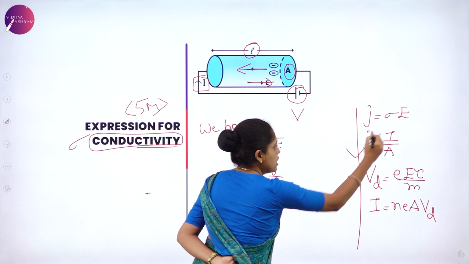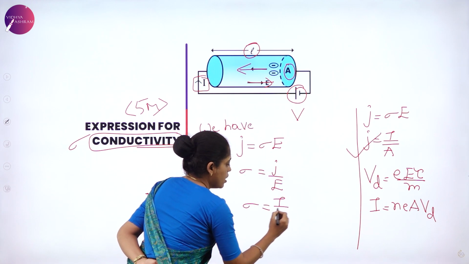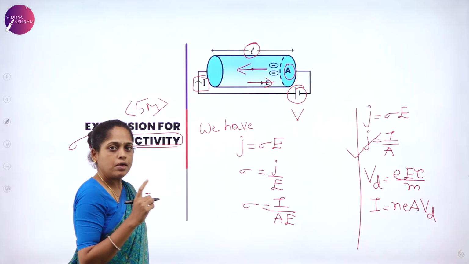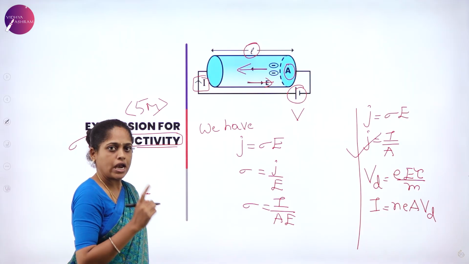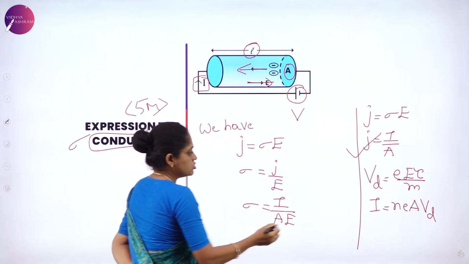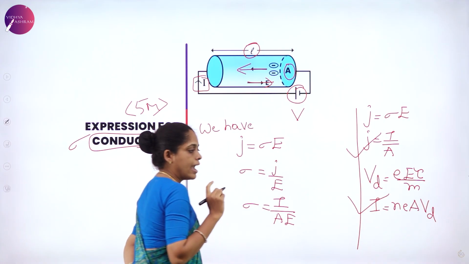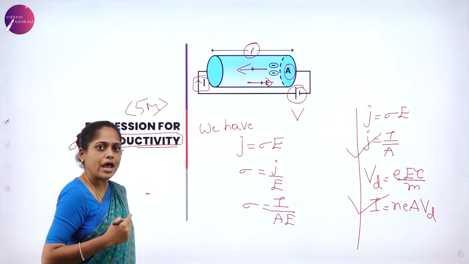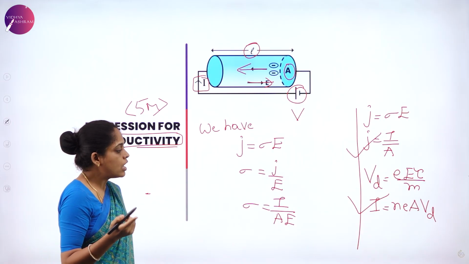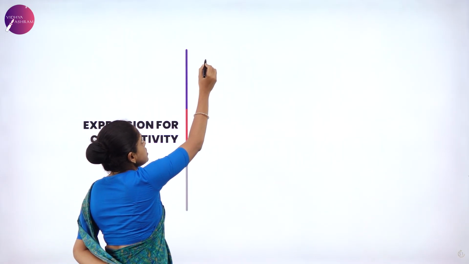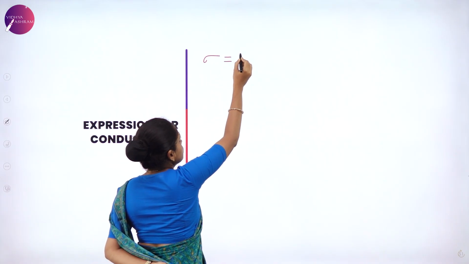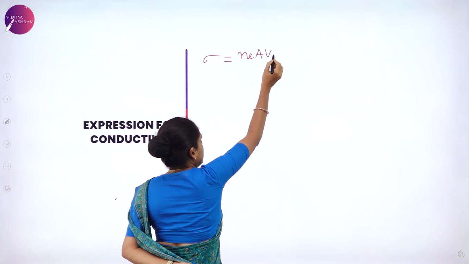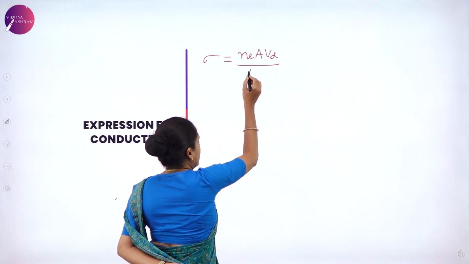It is I by A. So sigma is equal to I by A E, where I is current. What is the expression for the current? N e A Vd. So in the place of current, we put N e A Vd. Hence, sigma is equal to N e A Vd by A E.